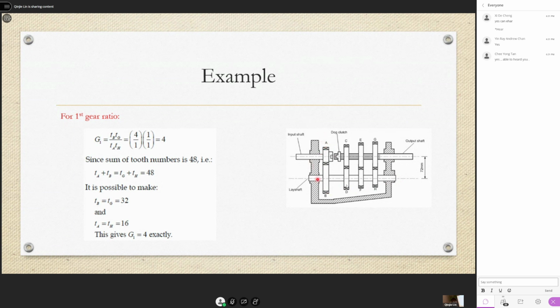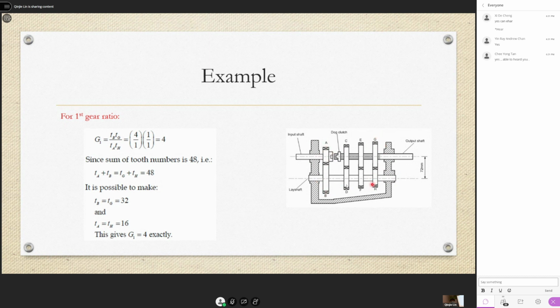Remember, gear ratio is the number of teeth for the driven gear over the number of teeth for the driver gear. So TB over TA describes this part. And then after that, the other side, when it's connected back to the output shaft, there will also be another gear ratio. Okay, so that one will be TG over TH.